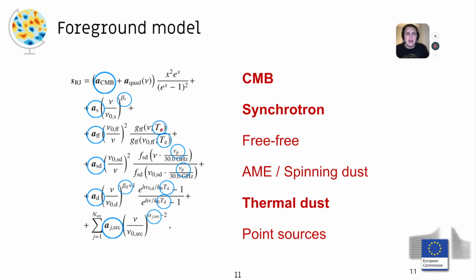Free-free is this model right here with an electron temperature parameter, which we sample. And we have the AME, which we shift with the nu peak frequency parameter, and the thermal dust, which has the beta parameter for the steepness and the temperature parameter for the peak, and also point sources, which have this alpha parameter here.